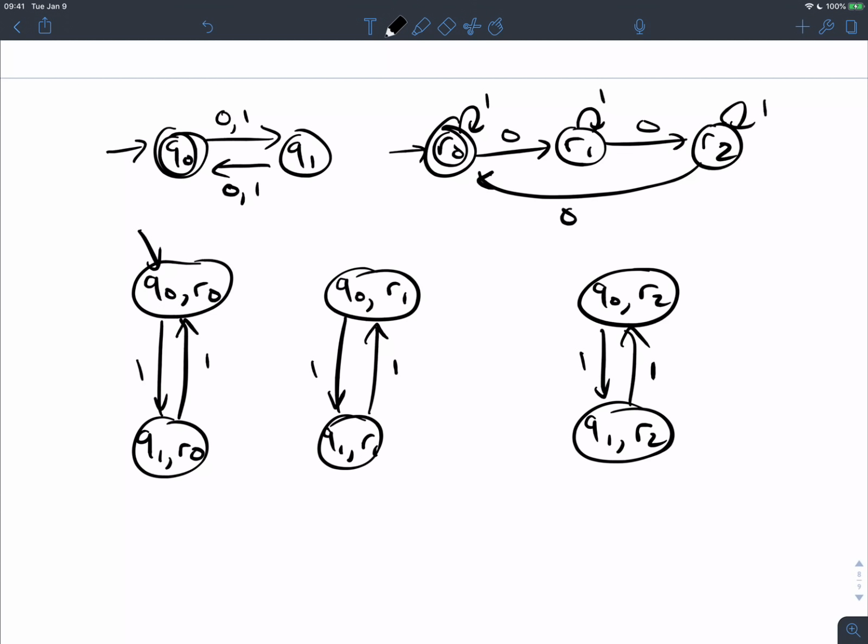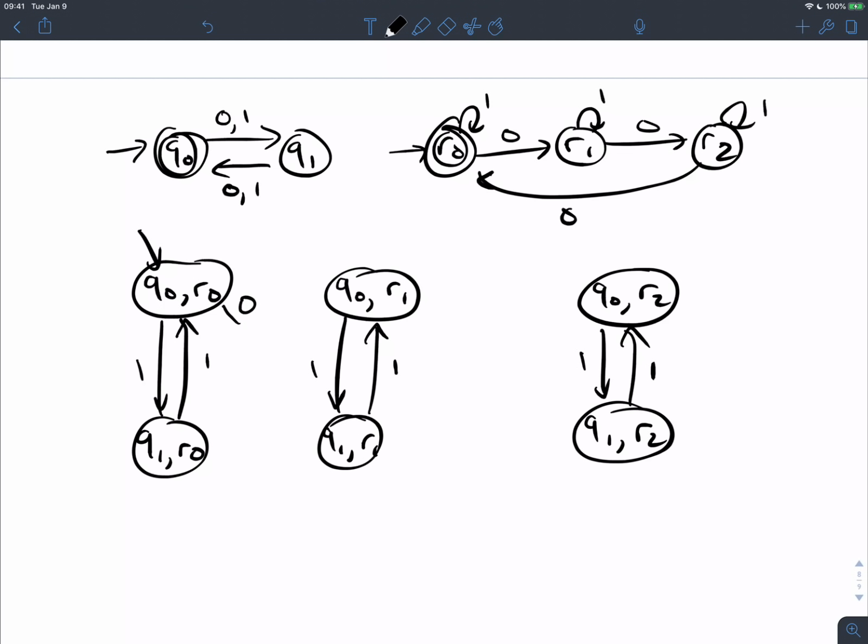Okay. What about Q0R0 on input 0? From Q0 on 0, where does the Q machine go? To Q1. So it's going to be in the bottom row somewhere. What about the top machine? It was in R0 before. Where does it go now? To R1.